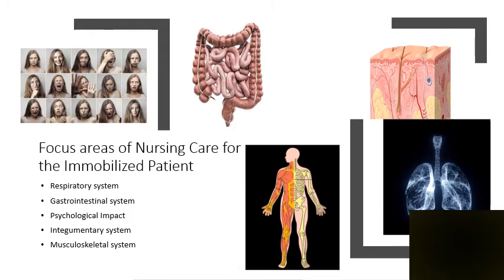Strength is a great portion of the musculoskeletal system. The other portion is the structure: the muscles, tendons, and ligaments that move the bones are where we're getting mobility and how mobility is formed. As we go through, we're going to look at the impacts of these 5 systems due to immobility.